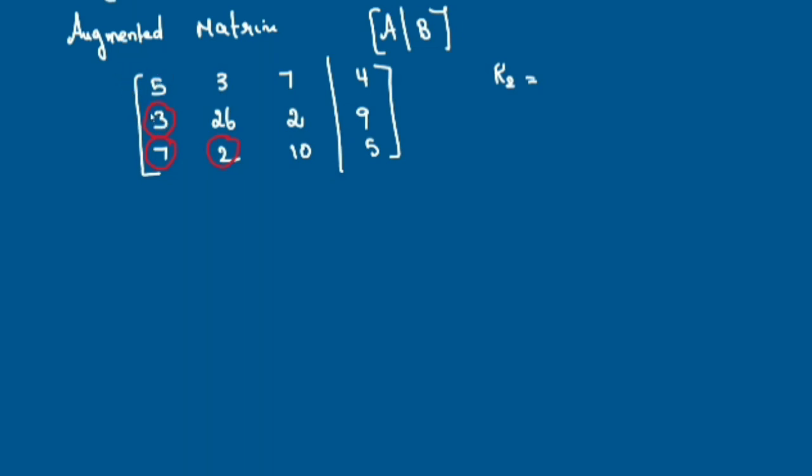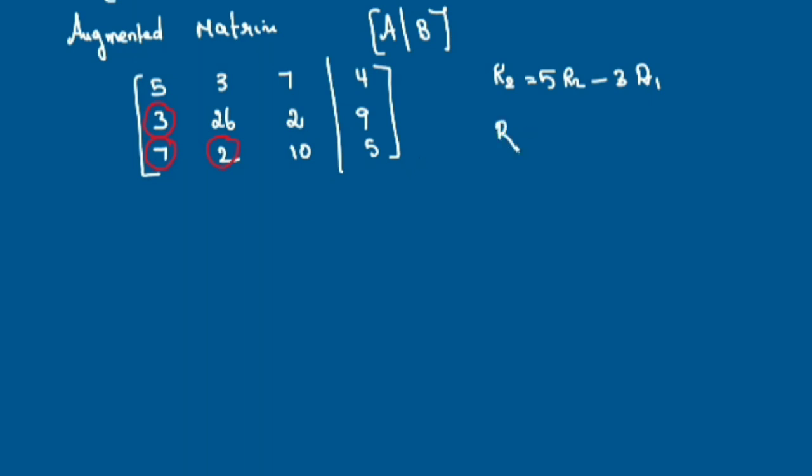The LCM is 15, so you can cancel and you will get a 0 here. So R2 is 5 times R2 minus 3 times R1.